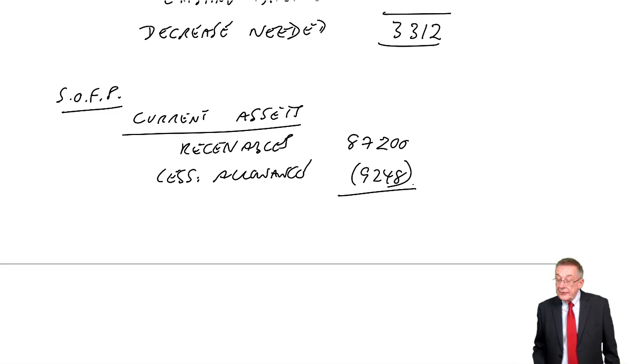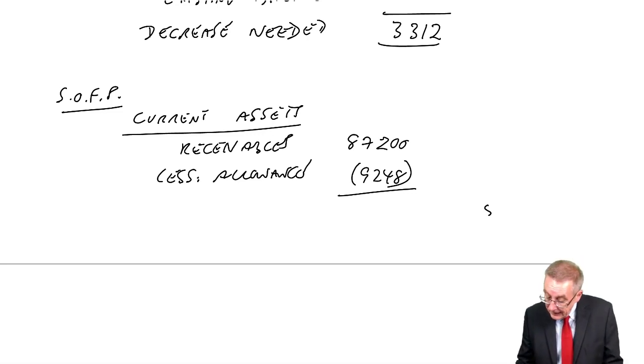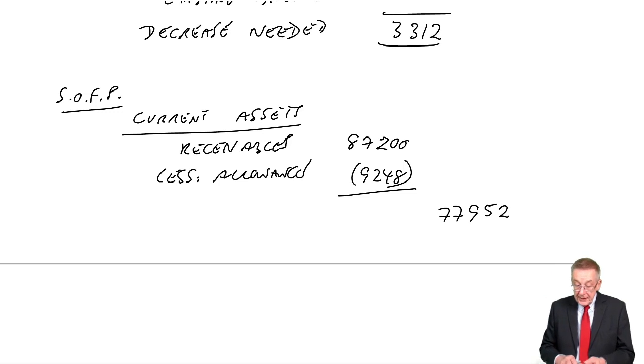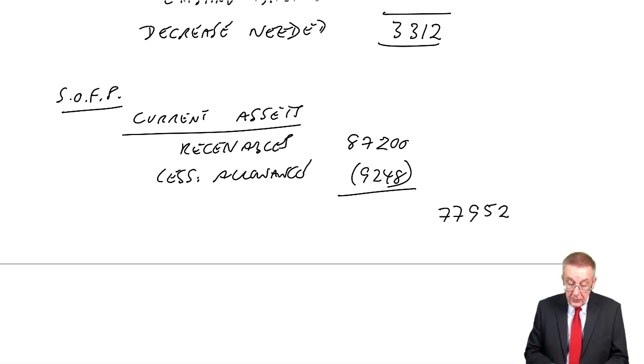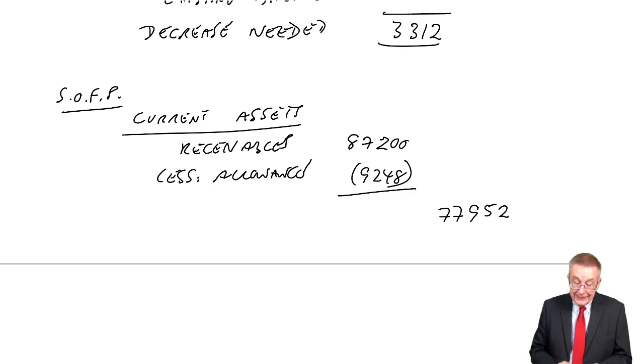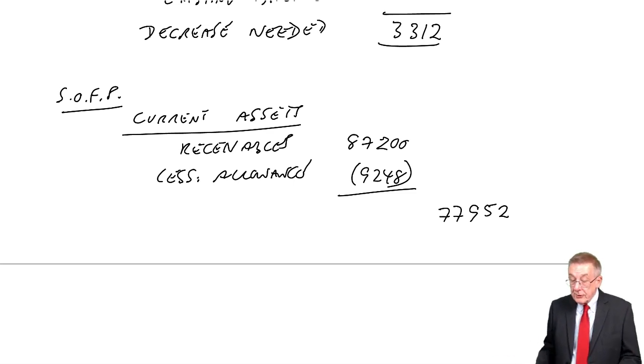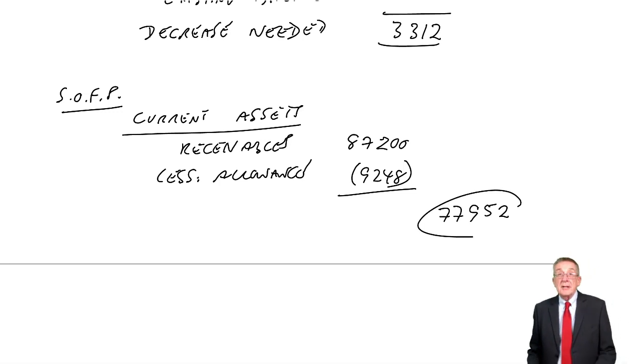And so the final figure for receivables, 77,952. I better check my arithmetic. 87,200 minus 9,248. Yeah, that is right. So there's the final figure of receivables.